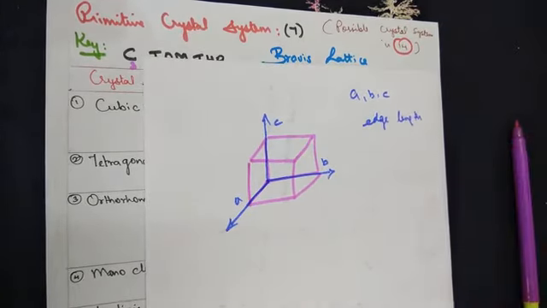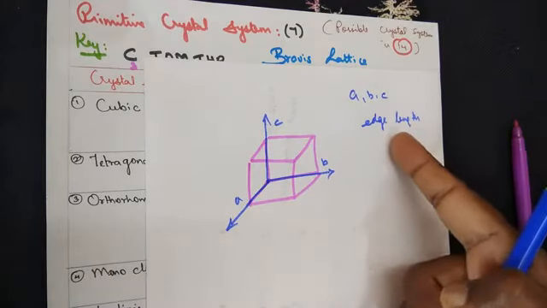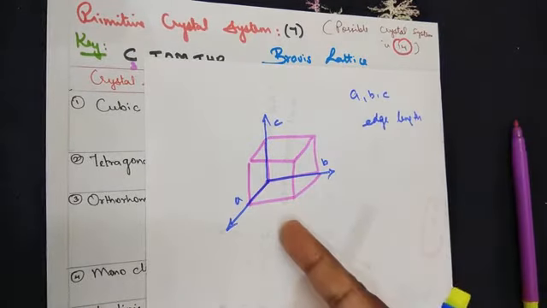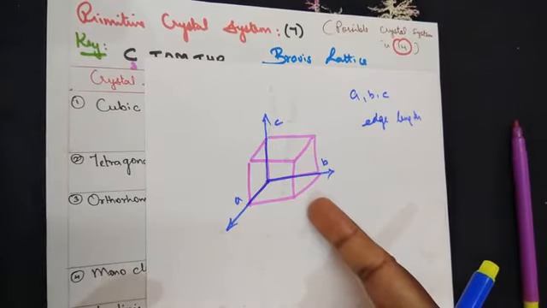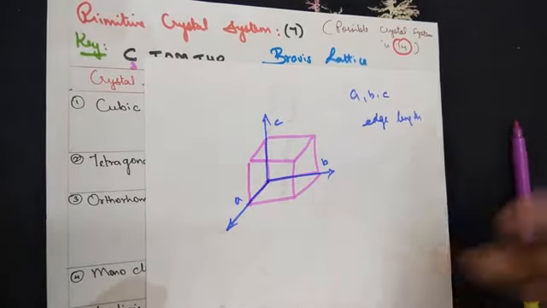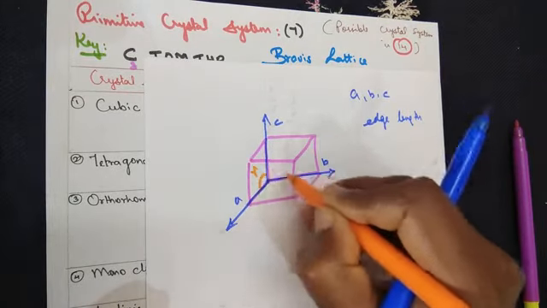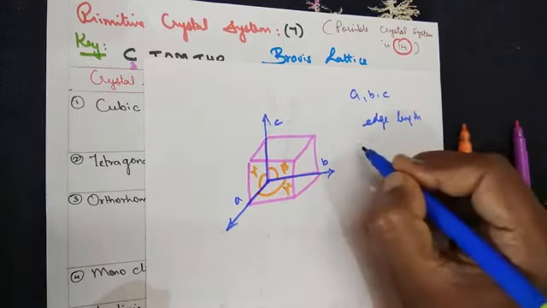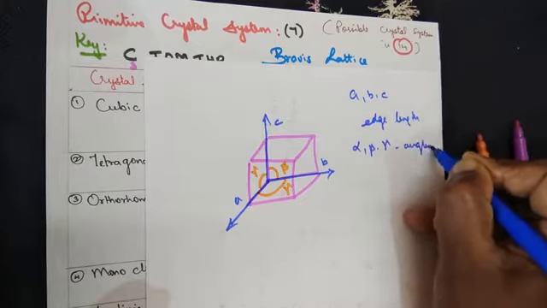So each crystal lattice is made up of unit cells, and unit cells are studied based on the edge length. So a, b, c stand for the edge lengths in all 3 directions or axes. Moving on, there are also angles, that is alpha, beta and gamma. So alpha, beta and gamma are the axial angles.